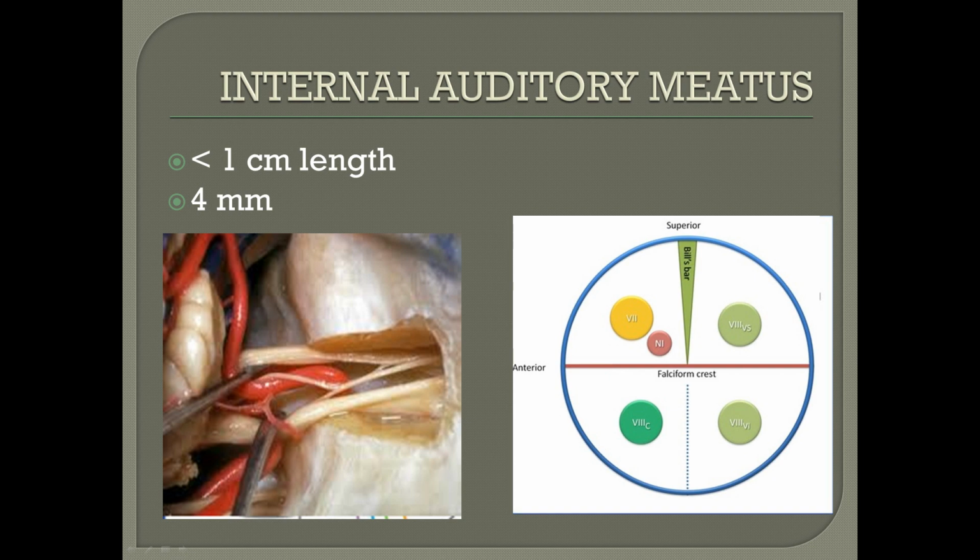In the posterior part, we have the superior division of the vestibulocochlear nerve, and in the inferior part we have the inferior division of the vestibulocochlear nerve along with the singular nerve. So, any lesion, like a tumor, infection, or abnormal vessel, is usually accompanied by a lesion of the vestibulocochlear nerve.